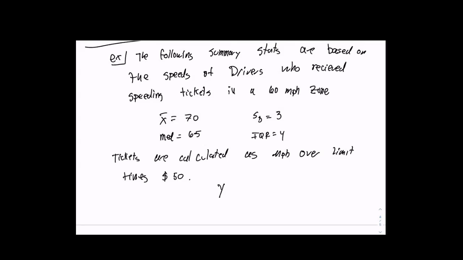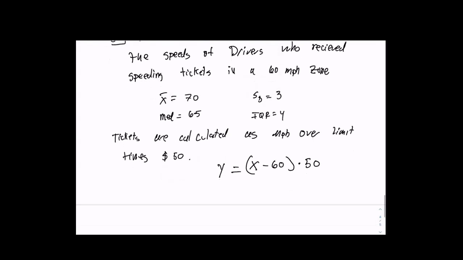So Y is how much they're being charged. What's the formula that I'm going to do? It would be X times 50. Close. It'd be X minus 60, all times 50, because I have to figure out how much they're going over.